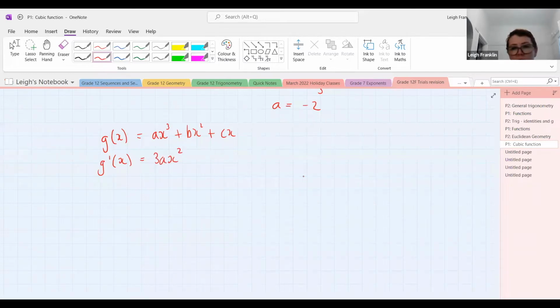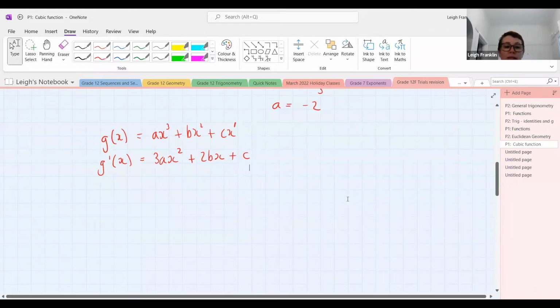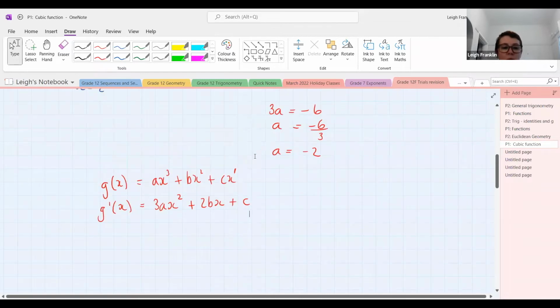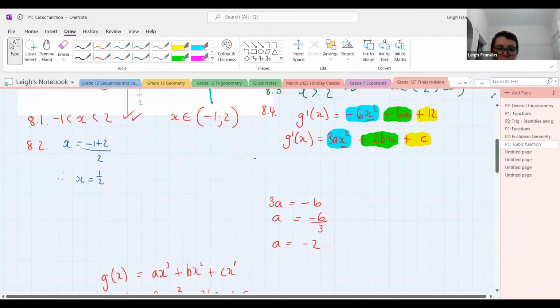So we all know how to derive by now. Same story with the middle term: we multiply our exponent by our coefficient and then take 1 away from our exponent. And same story with the last term: we take 1 and multiply it by c, and we get c, and when we take 1 away from the 1, we end up with x to the power of 0, and that's why we've got g prime x equals 3ax squared plus 2bx plus c.